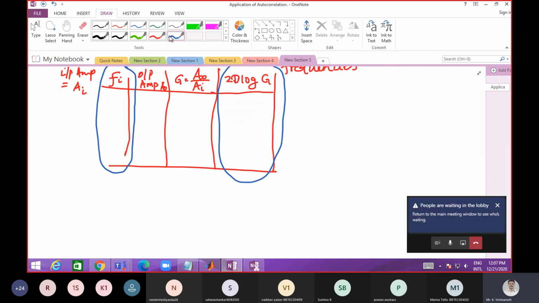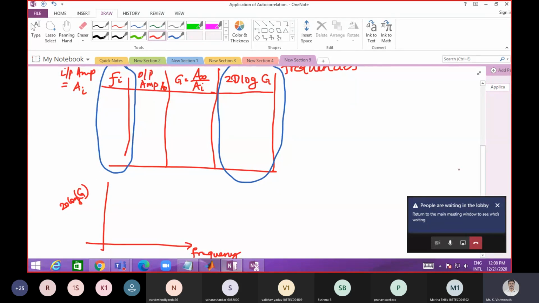Then you plot this curve. Your x-axis is frequency and your y-axis is 20 log of gain. So you will get some curve.